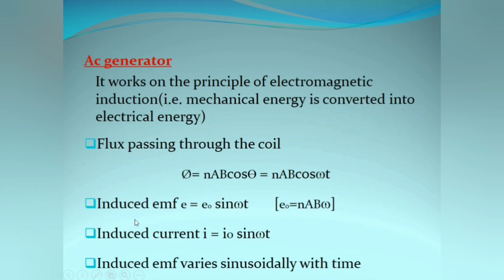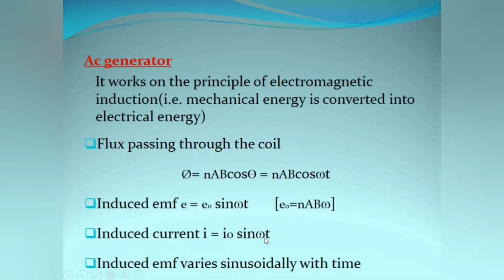And here, induced EMF is given by E equals E naught sin omega t, where E naught is the peak value of induced EMF, which is given by the equation E naught equals NAB omega. In short, E equals E naught sin omega t. And induced current is given by I equals I naught sin omega t.